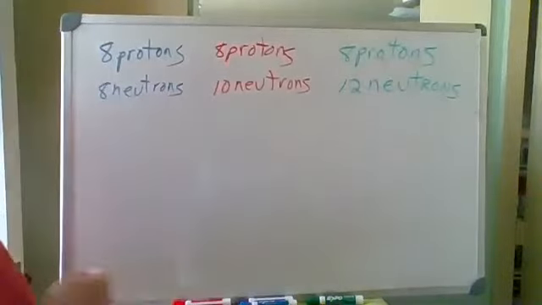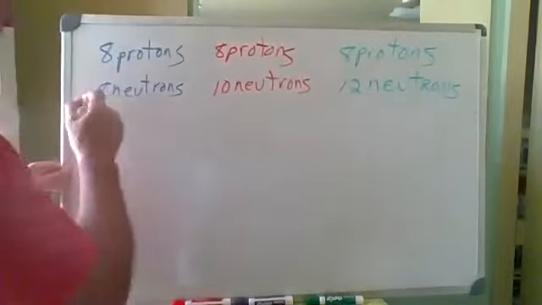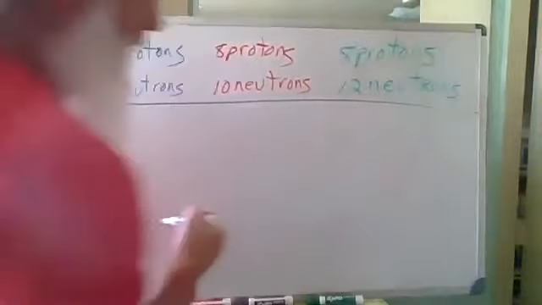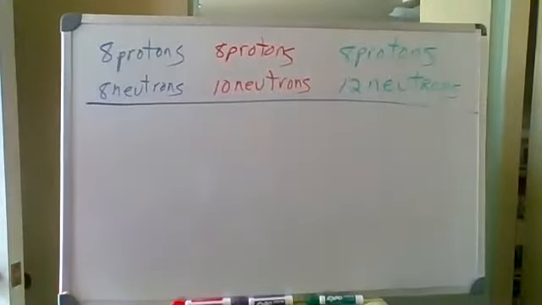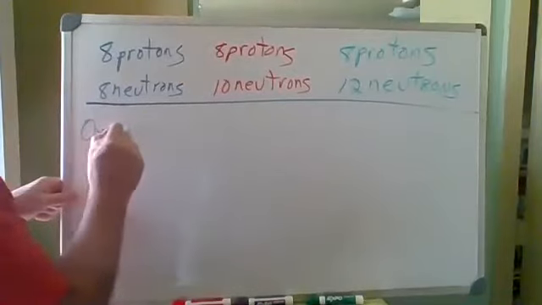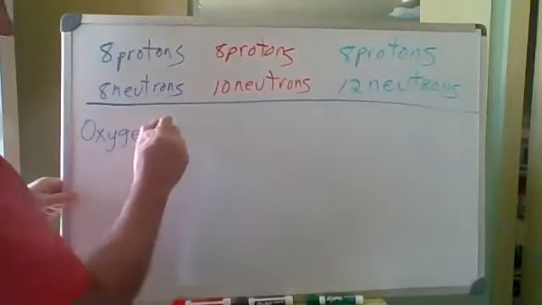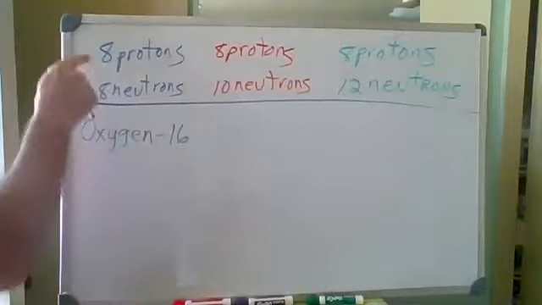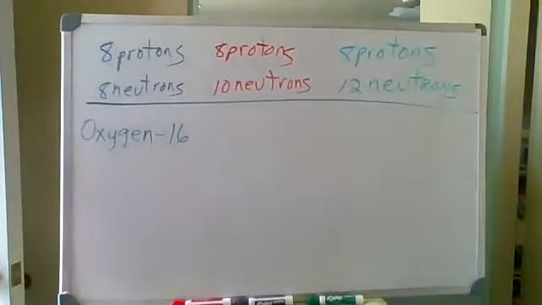So how can we symbolically write the masses of these? Well, chemists use two different ways to do that. One, we can just say oxygen, dash, whatever the mass is. And the mass is 16, 8 plus 8.